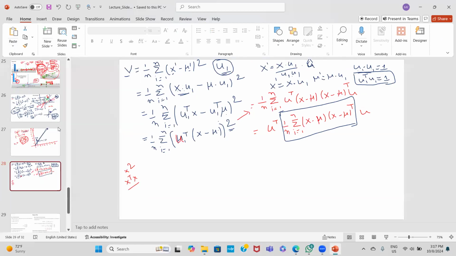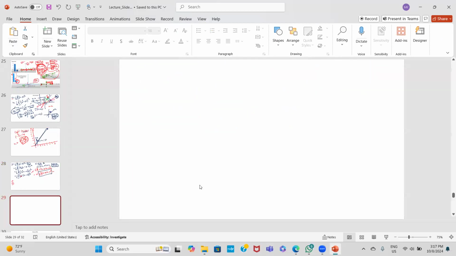So I'm trying to represent that as a covariance matrix now. How can I prove that as a covariance matrix? Coming back to this again, we know what the covariance matrix is, right? How do you represent the covariance matrix?